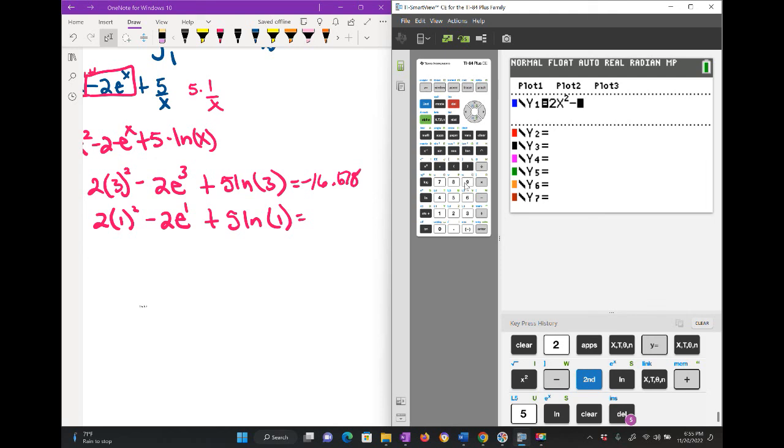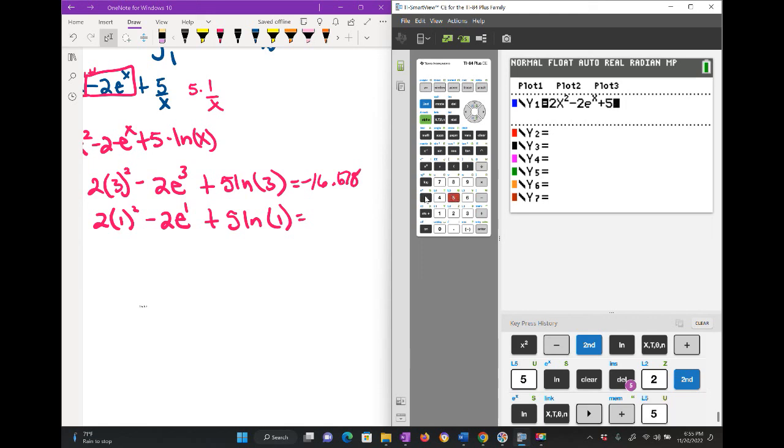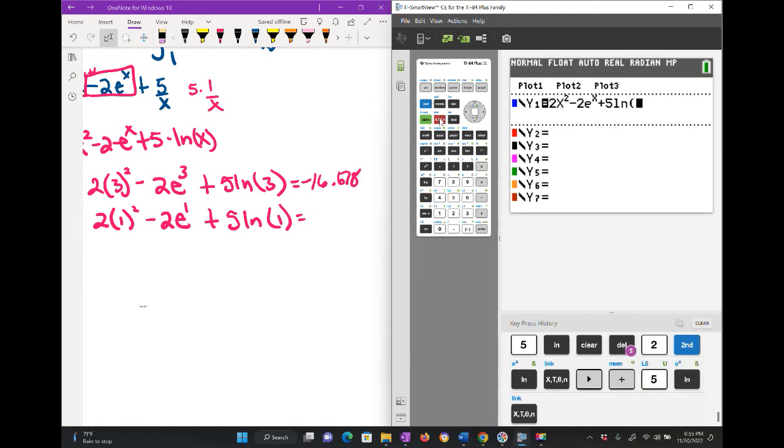Let's see, 2nd e to the x. I just want an x. Thank you. Okay, and then plus 5 natural log x. Close it out. And that's all I need.